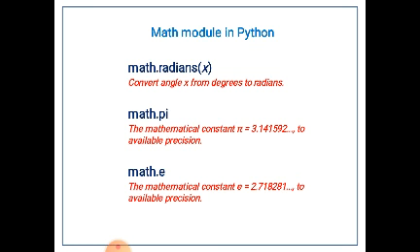Next we see math.pi. Here we know that the pi value is 22/7, so it gives the constant pi value. Next we see the constant e value here. It provides the constant e value to the available precision.